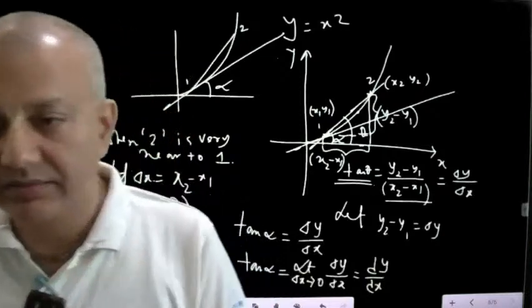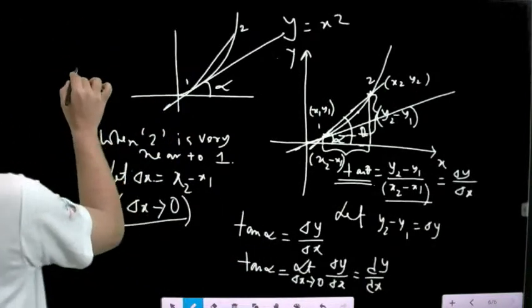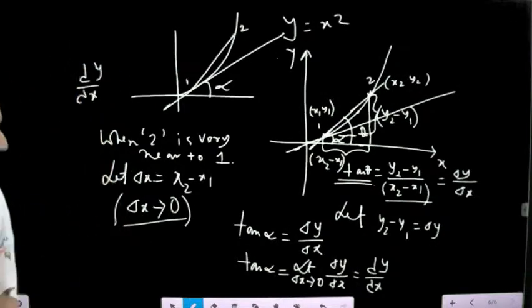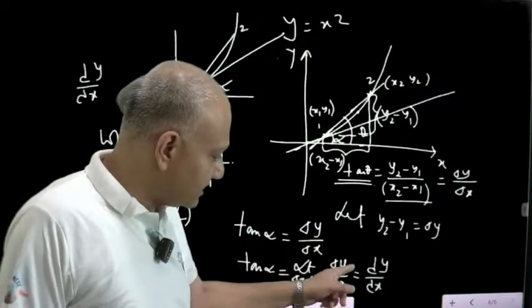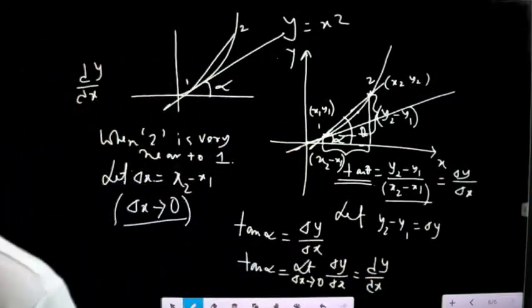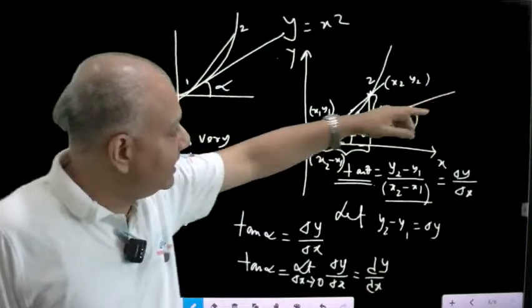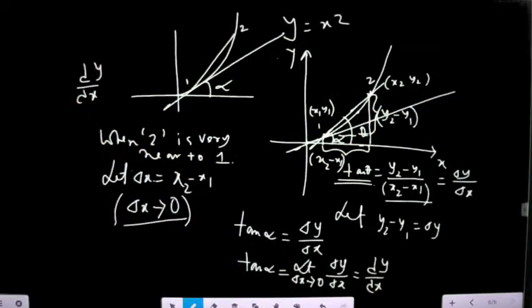This operator d/dx is called differentiation. The limit delta x tending to 0 of delta y by delta x is equal to dy/dx, that is, d/dx of y. Ultimately it means the slope of the tangent at a particular point of the graph.